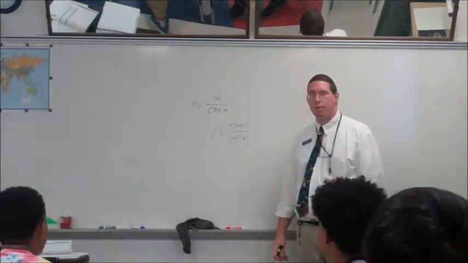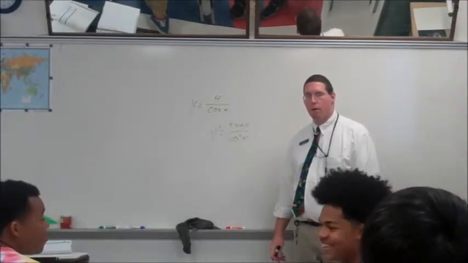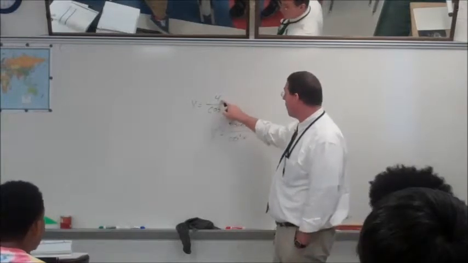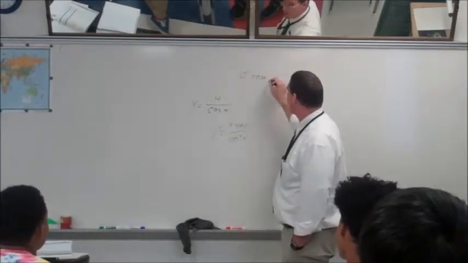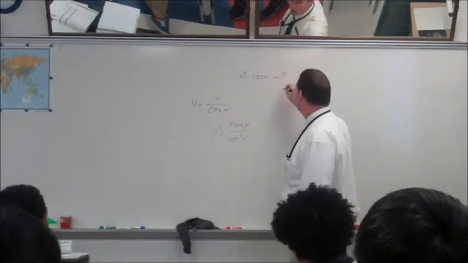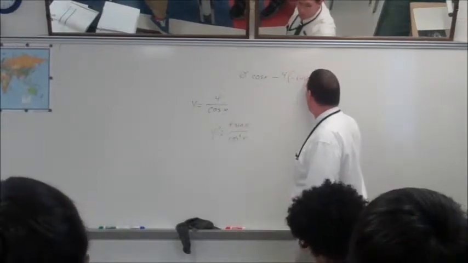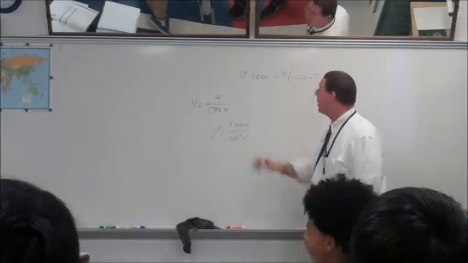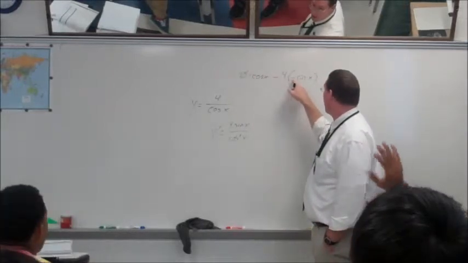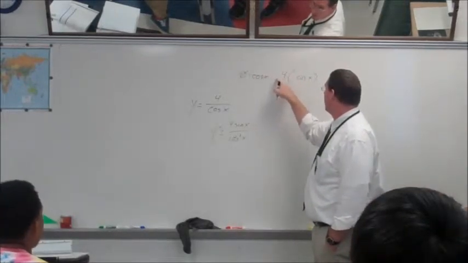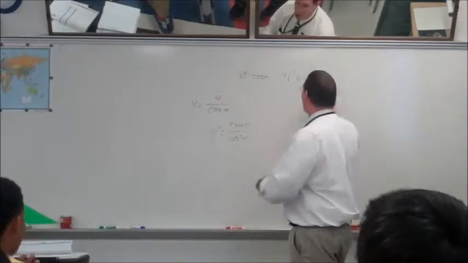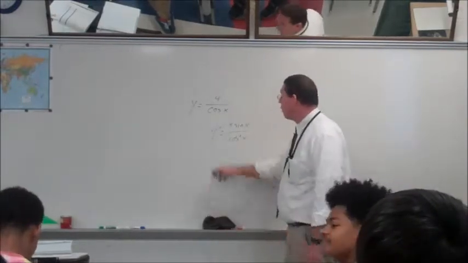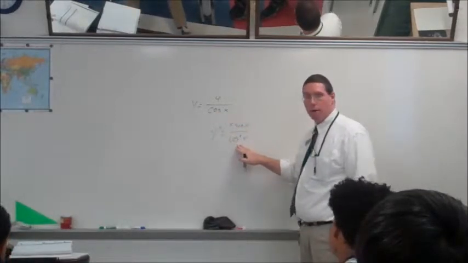Does that make sense? Yes, right. Okay. Derivative of the top, 0, times the bottom, cosine of x, minus the top, times the derivative of the bottom. Okay? 0 cancels, negative negative makes positive, 4 sine of x. Right? Yeah, sorry about that. All right, so now over the bottom squared, cosine squared.